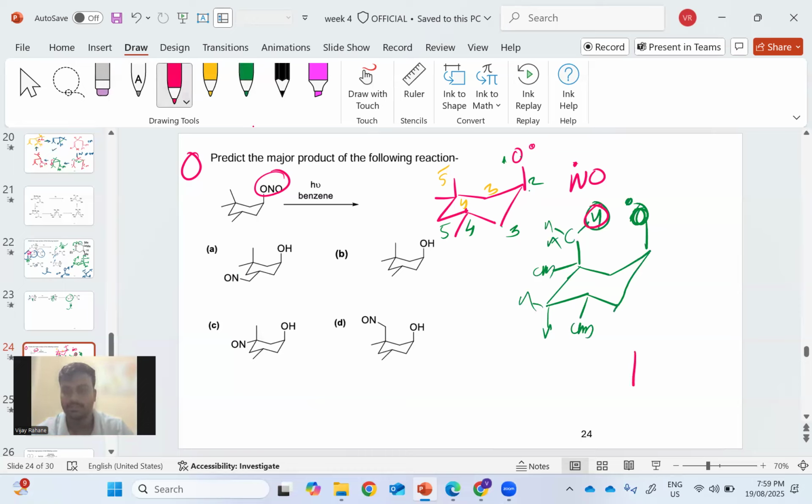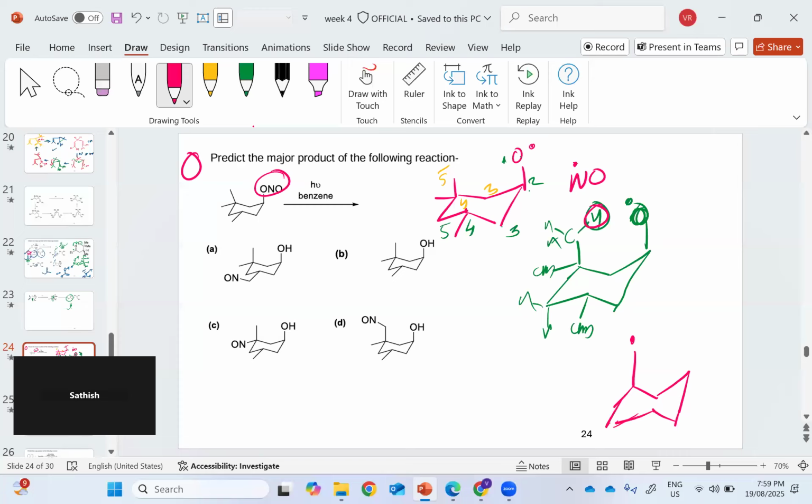So obviously there is a radical here, and the remaining structure will be the same. That's just a similar mechanism in which you can see this O will abstract the proton from this accessible proton, and it forms a radical in this position, right?